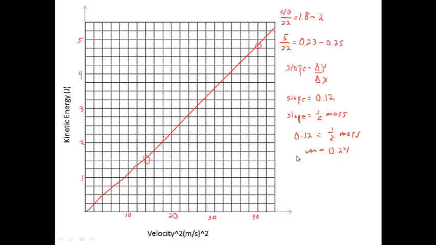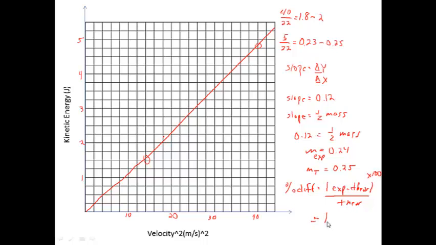Sometimes they want a percent difference. That's experimental. Theoretical, the Matchbox car was supposed to be 0.25. So then to do a percent difference calculation, you do experimental minus theoretical, all over theoretical, and all this times 100, to change it into percent.